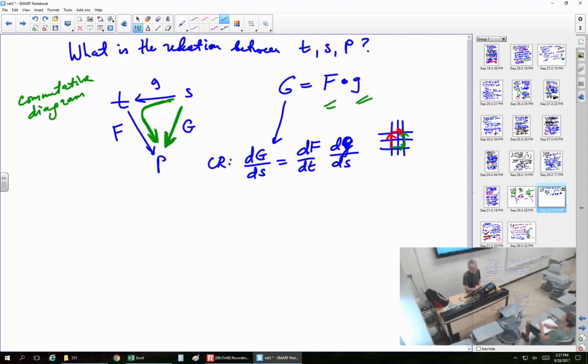Chain rule. So that is the relation between these two, from the chain rule. And then if I take the magnitude, the magnitude that I'm looking for here, dg/ds, is in fact 1, okay, so the magnitude of that velocity vector.